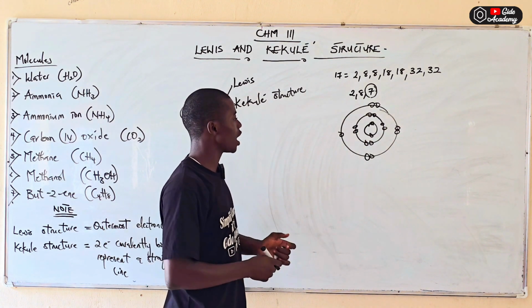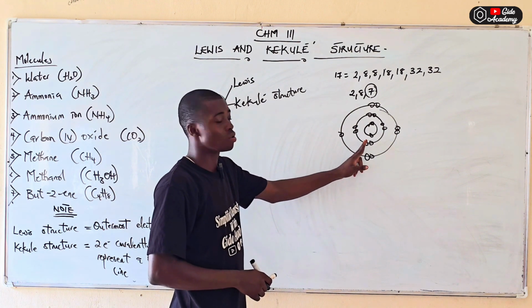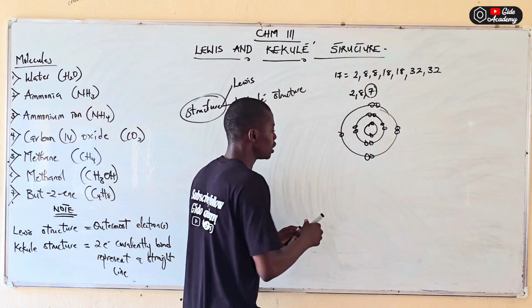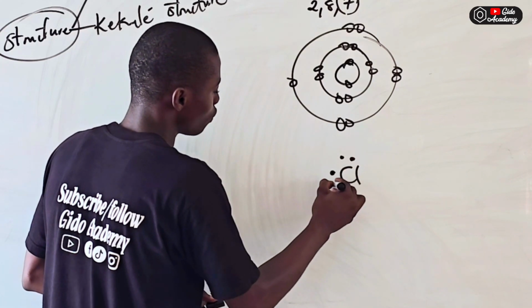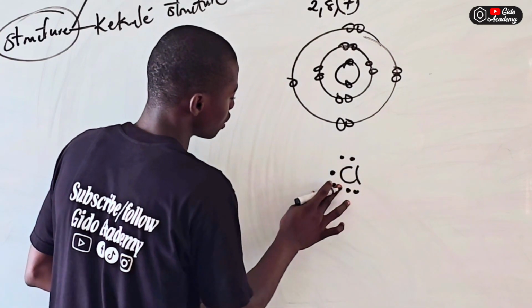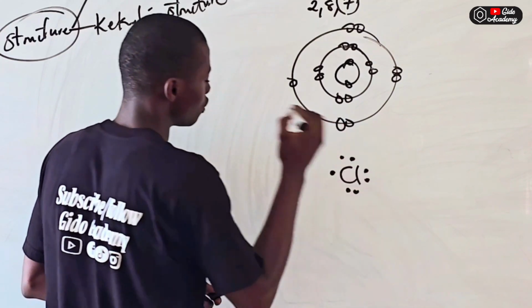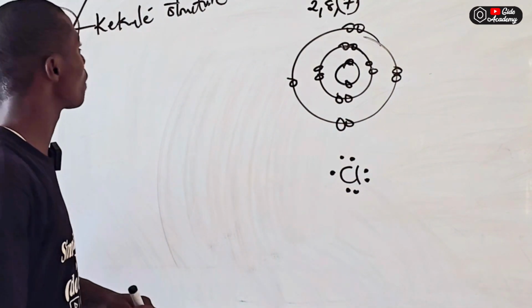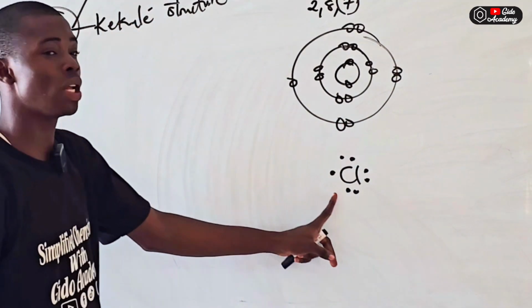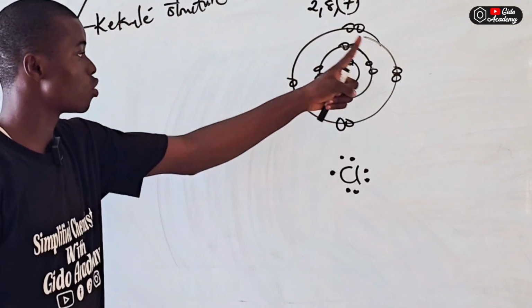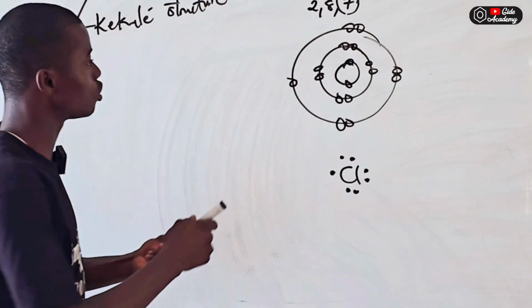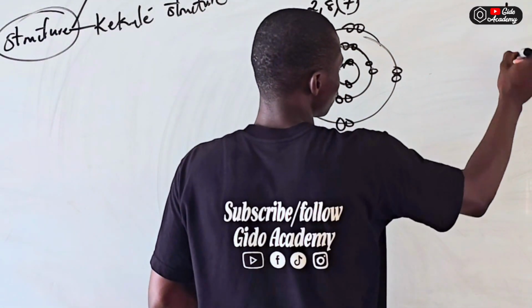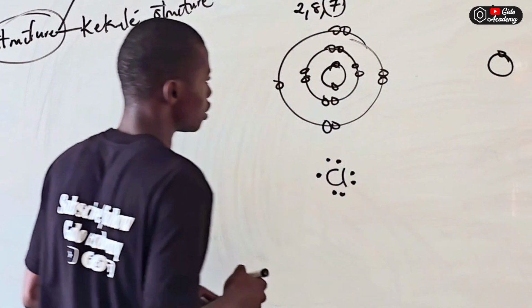So we have 7 electrons here. According to Lewis, this is not how you draw the structure of chlorine. You just take the outermost shell and put it here. What about hydrogen? Hydrogen is 1, so the shell will just be something like this.